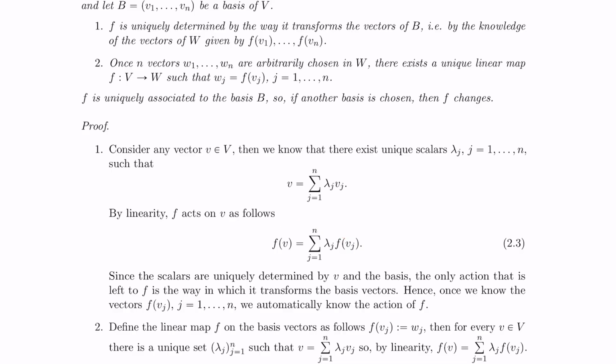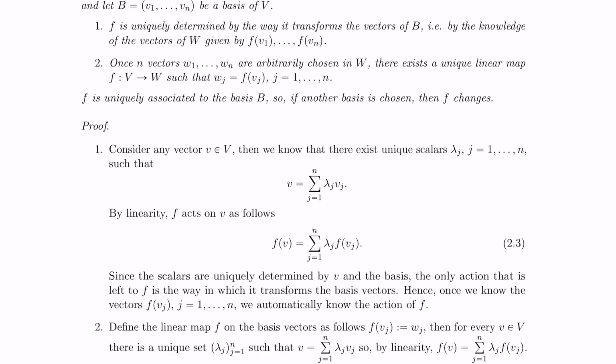Notice now that the scalars lambda j are uniquely determined by the choice of v and by the basis B that has been chosen, so the only action that is left to F is the way in which it transforms the basis vectors. Once we know how F transforms the basis vectors, then we know how F transforms any other vector v.